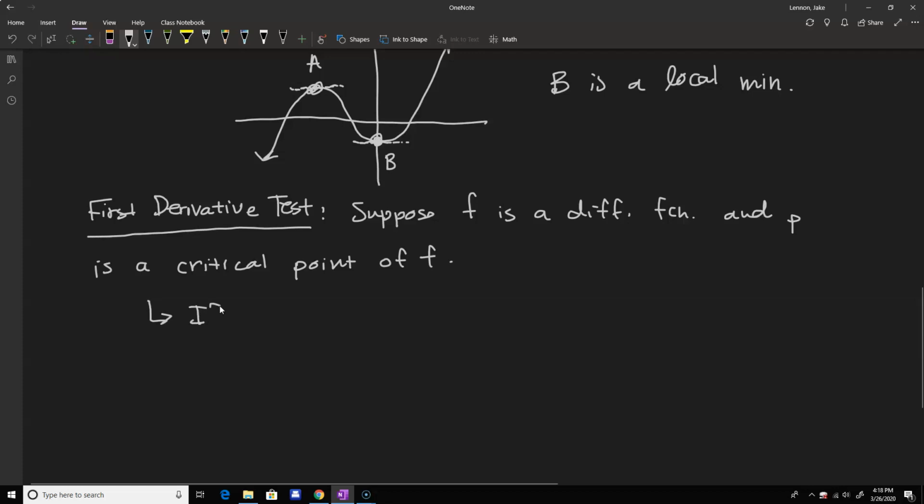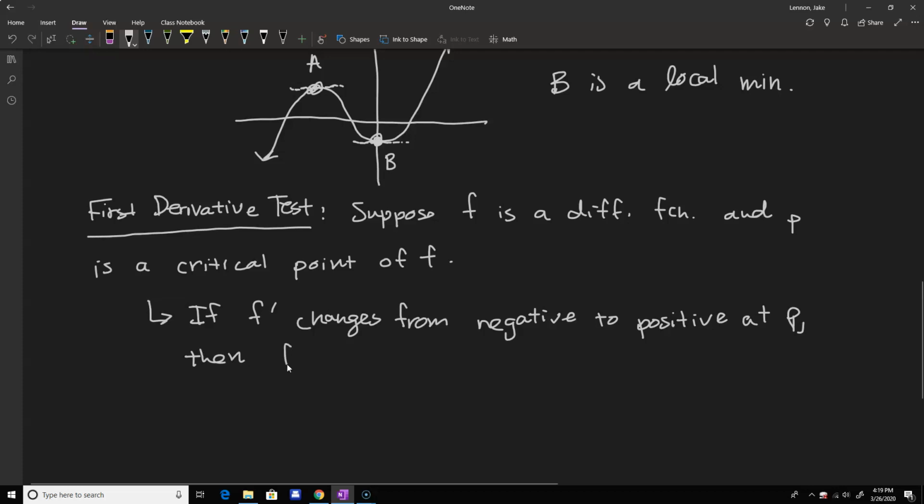So if f prime changes from negative to positive at p, then f has a local min at p.